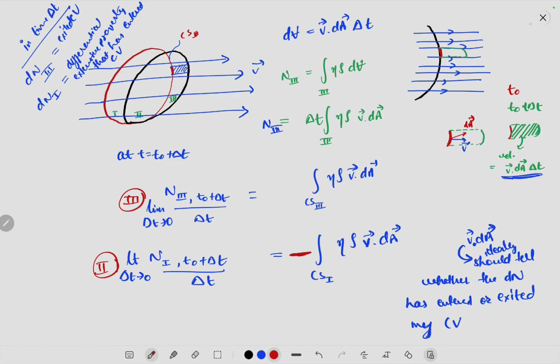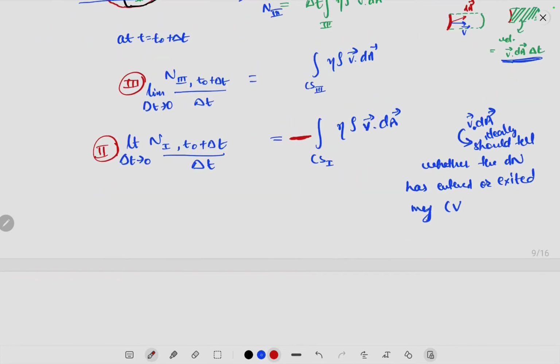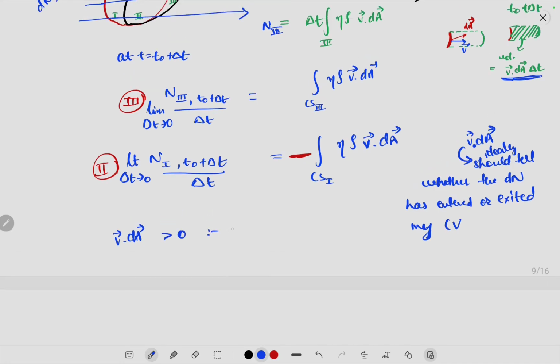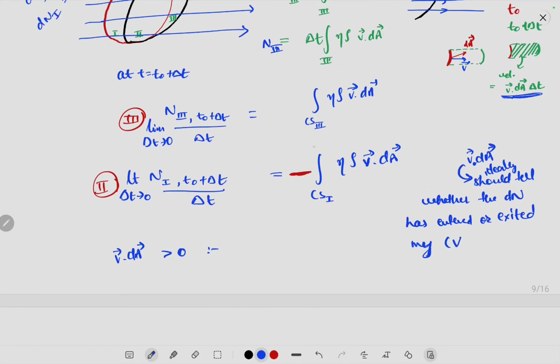Okay, in short, if your v dot dA comes out to be positive for that control surface, then the quantity must be exiting from that control surface, and if v dot dA is negative, then the quantity must be entering the control surface.